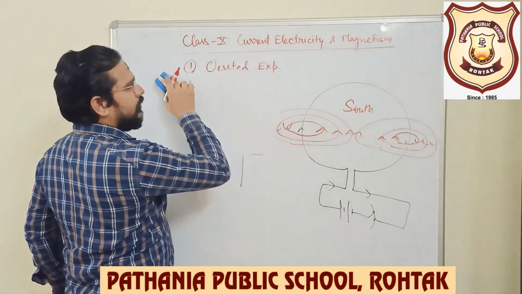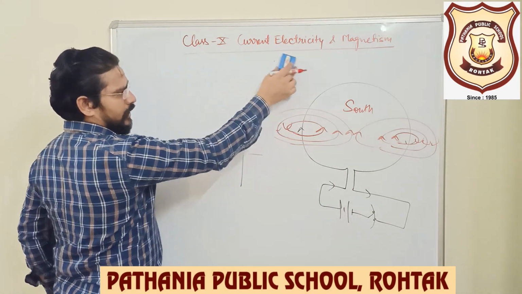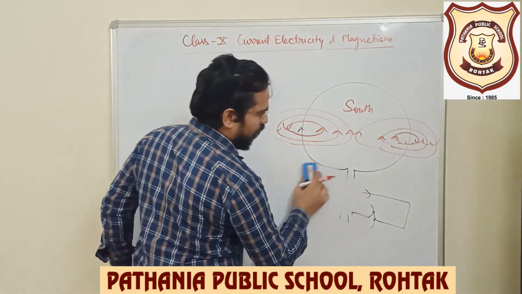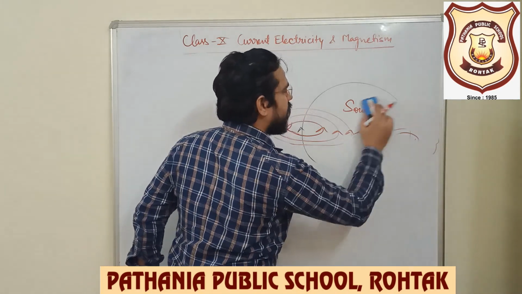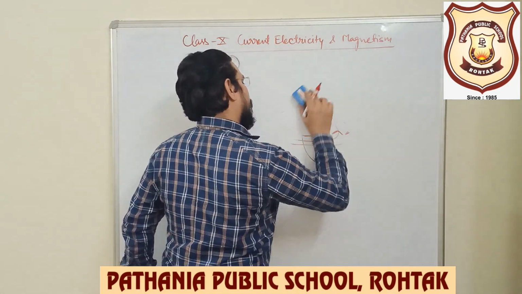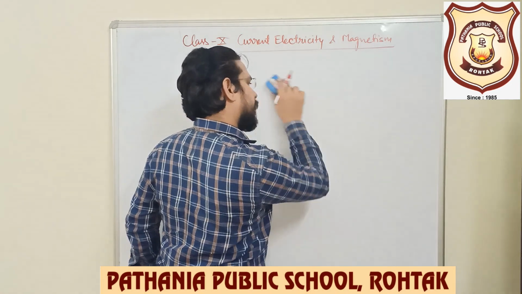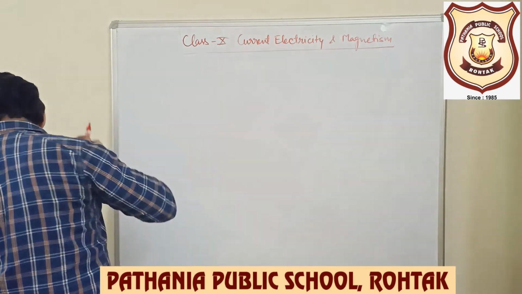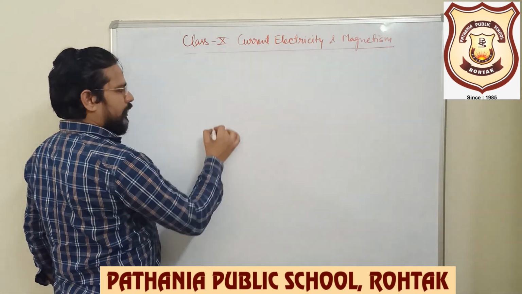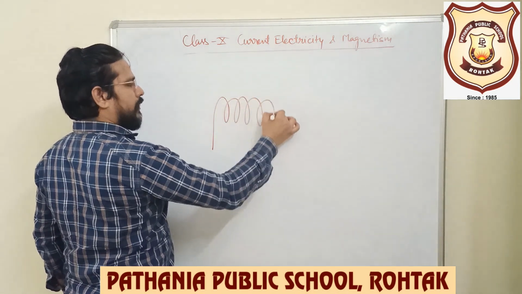So the magnetic effects of current chapter is mainly about the patterns of magnetic field. By applying our knowledge of magnetic field patterns, we can find the magnetic field pattern of a solenoid.